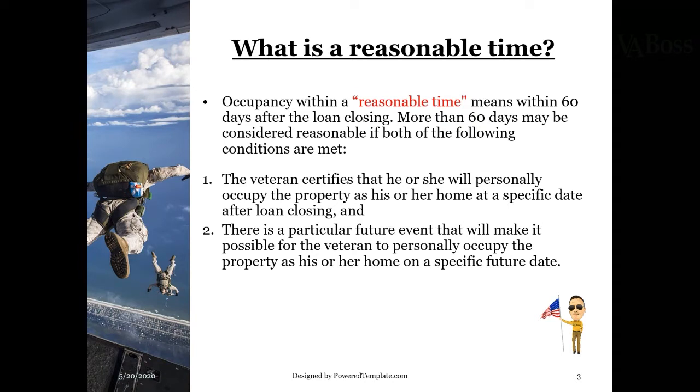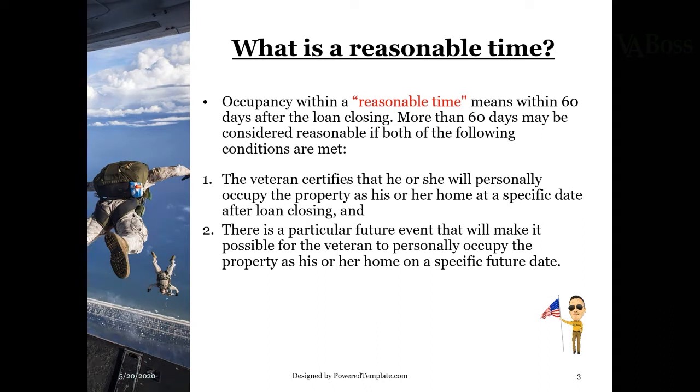But let's say, same thing, you've got somebody overseas or somebody who's a contractor and they're in Afghanistan or wherever they're at and they're going to be moving back to the States in 9 months. We would get something from their employer stating they're going to be shipped back stateside in 9 months.